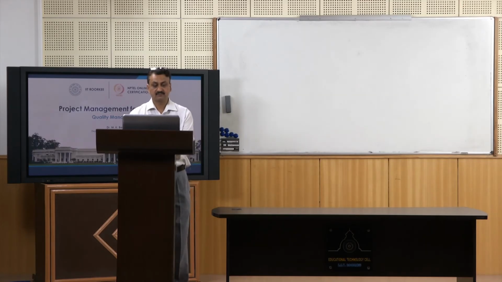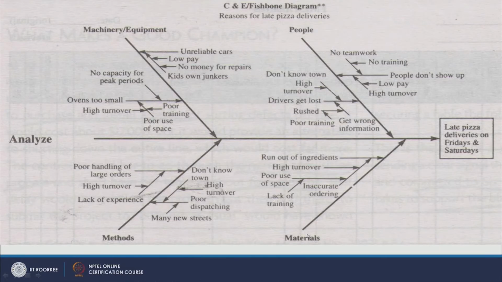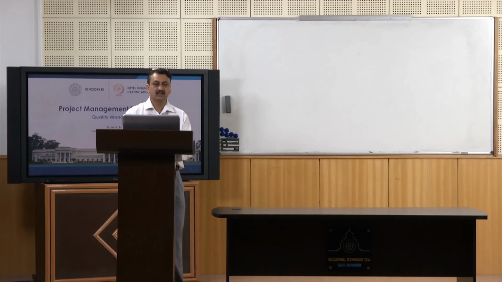Let us say material. You have run out of ingredients, so because of that you could not supply pizza in time, right. Similarly, machine and method. You can have not only these 4 reasons, you can have some more reasons added to this particular diagram. So, this is the analyze phase.